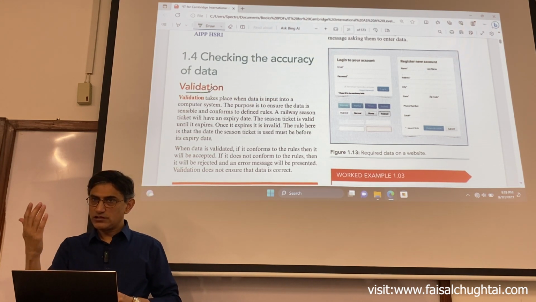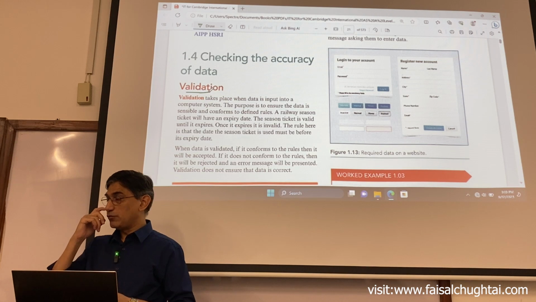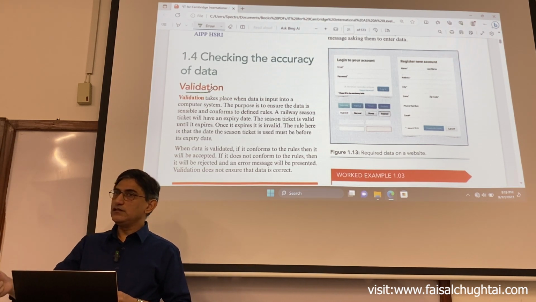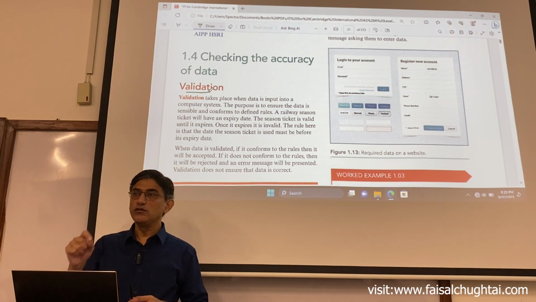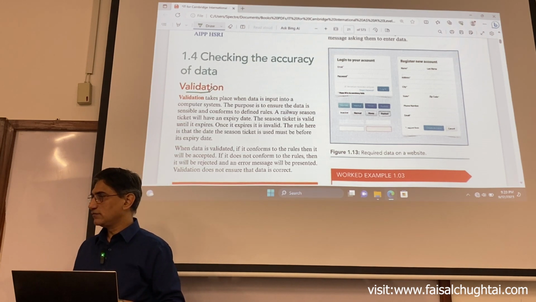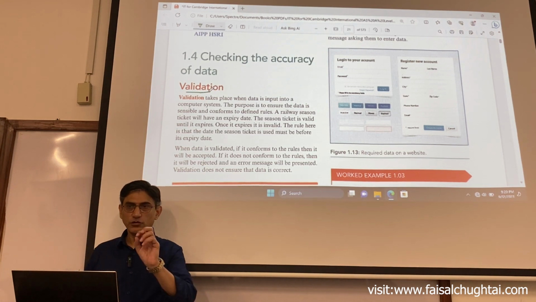Now, when that error message is flashed on the screen or it pops up on the screen, it is then that the user's attention is grabbed to let the user know that whatever you are inputting is actually not correct and you must correct it before it can be input. So notice one thing here.